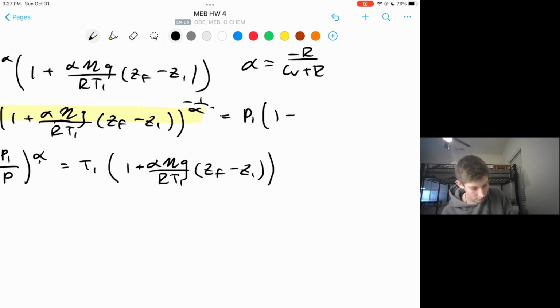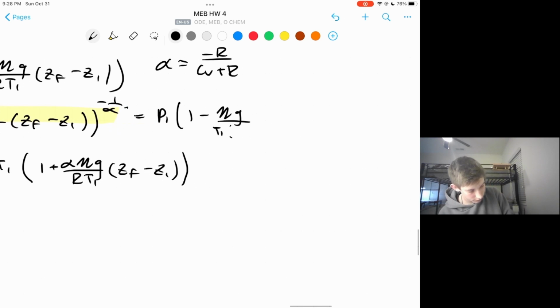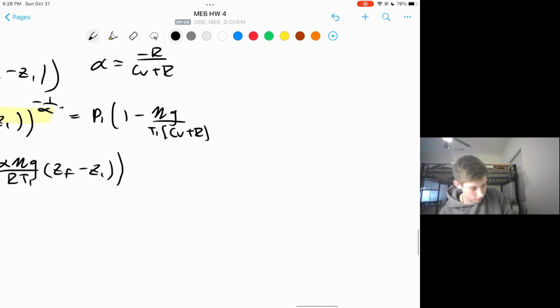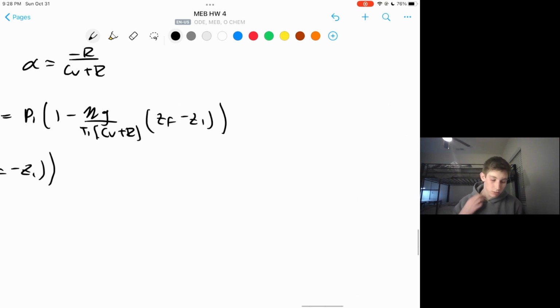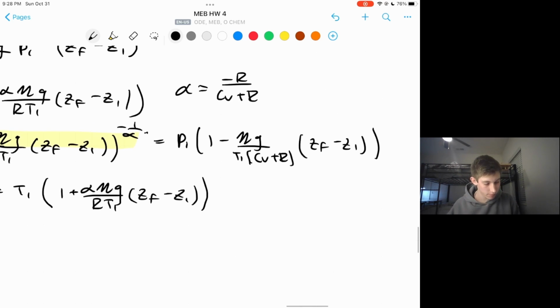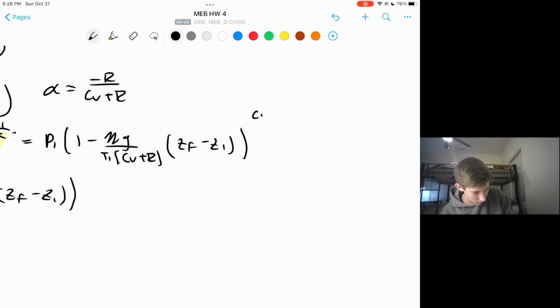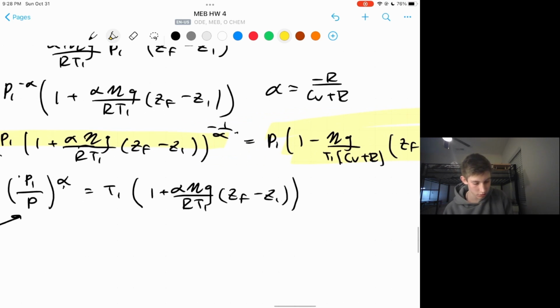The R's cancel, so we have this, and then here we have the difference in altitudes raised to the reciprocal of alpha, so just Cv plus R over R, and this ultimately is a relationship of pressure for the combination of the two equations.